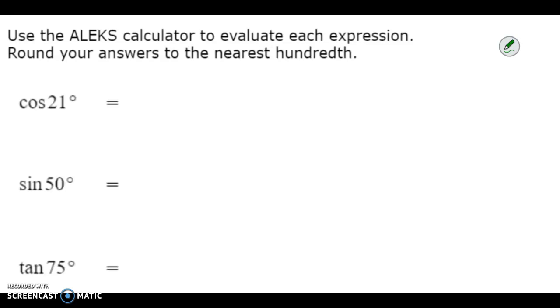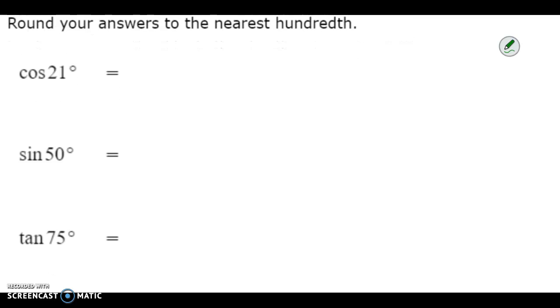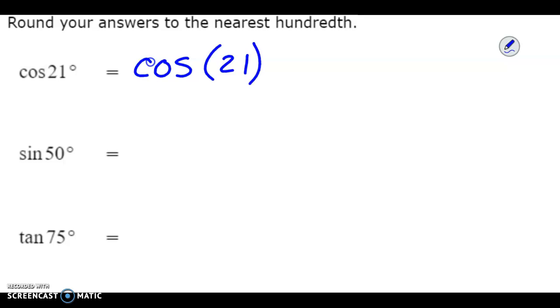Now, on most calculators, which Google calculator, the Alex calculator, and probably most of you with any graphing calculators, they have buttons for these functions. So you would end up typing in cosine, and then they'll give you parentheses. You're going to type in 21, and then you have to make sure you close the other parentheses.